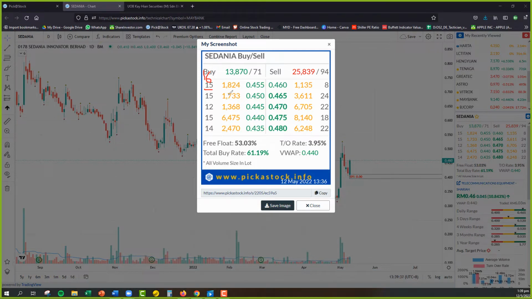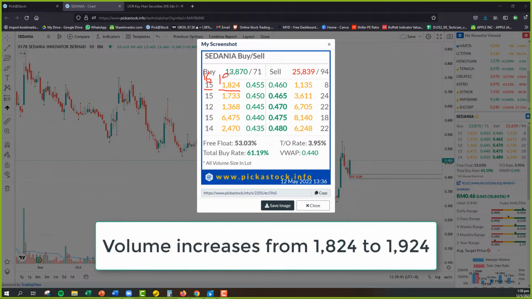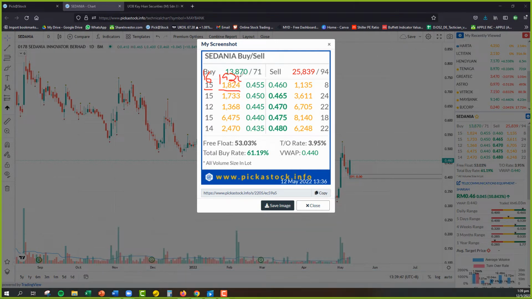And on the other hand, this particular column here, 1824, would have increased by 100 to 1924 to reflect that there is a new buyer, which is you, coming into the queue to buy this stock at 45.5 cents, and there is one extra buyer, and then there is one extra 100 lots queuing right now to buy.